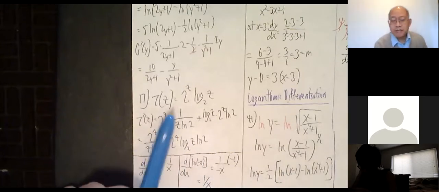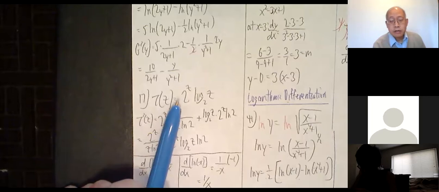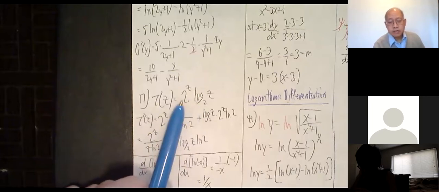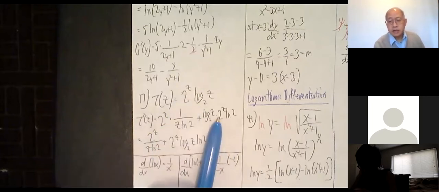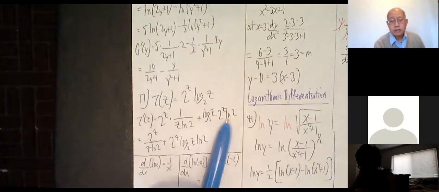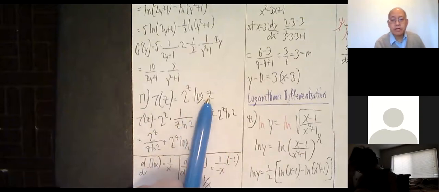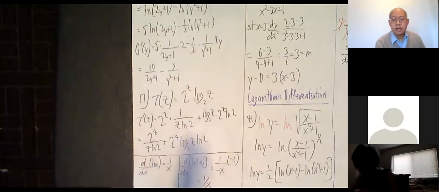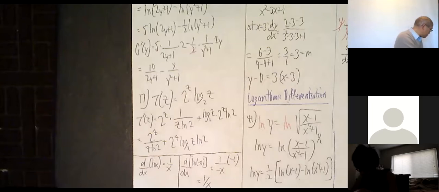So you can see if we don't have base e, it's harder. When you have base 2, to differentiate 2 to the z, it's 2 to the z ln 2. To differentiate log base 2 of z, it's 1 over z ln 2, right? Let me show you that again in the text.